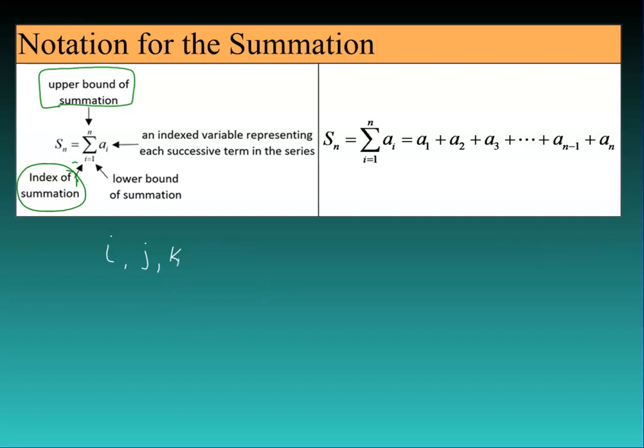What it equals is the lower bound of the summation. In other words, the beginning of the summation, and the top is the end of the summation, like the last term. The a sub i is an indexed variable representing each successive term in the series. So that's where your arithmetic sequence or geometric sequence goes.